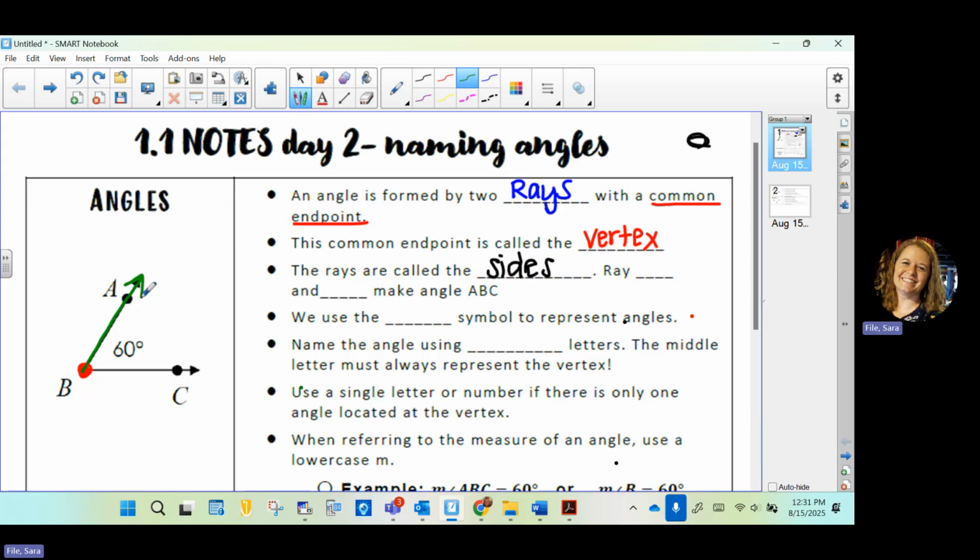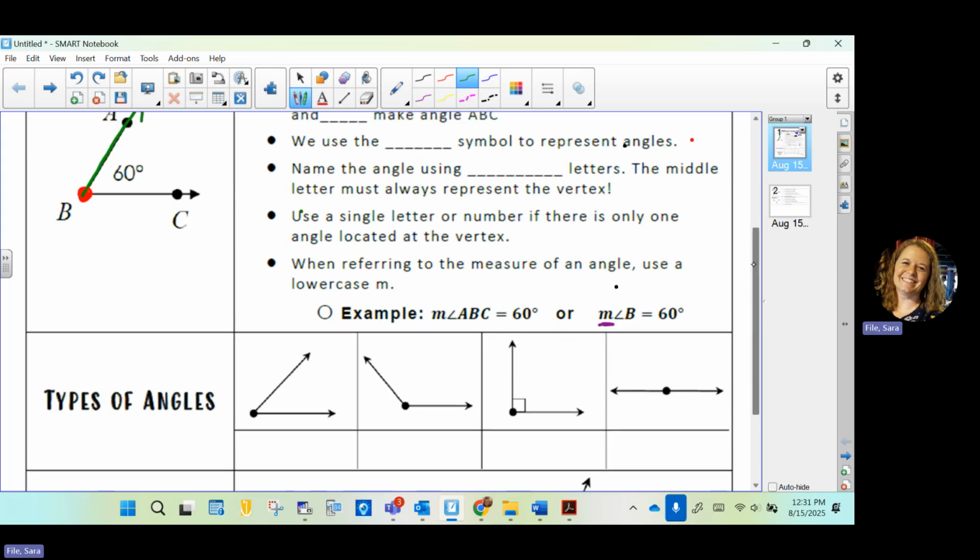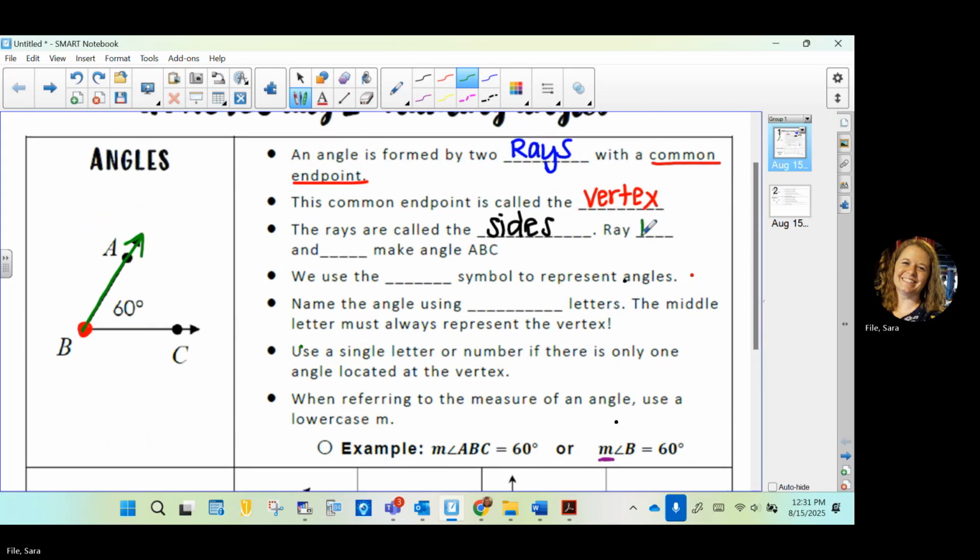We have to go in that order. We have to start with the endpoint. So ray BA, I just scrolled down a little, my bad. And remember the symbol points to the right for a ray. So ray BA, and then this blue side, how would I name that blue ray? BC.